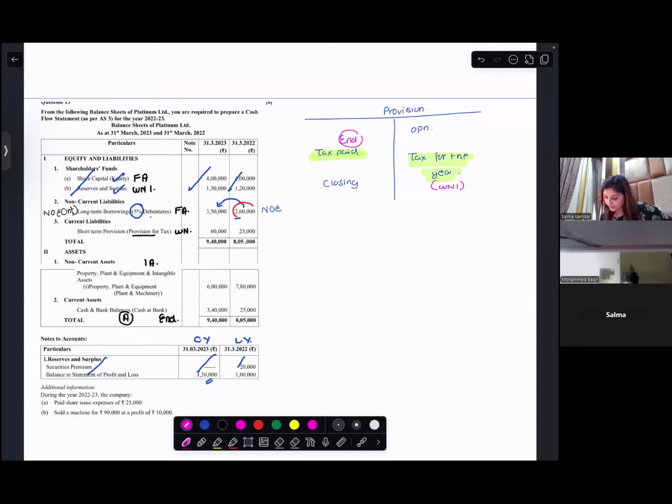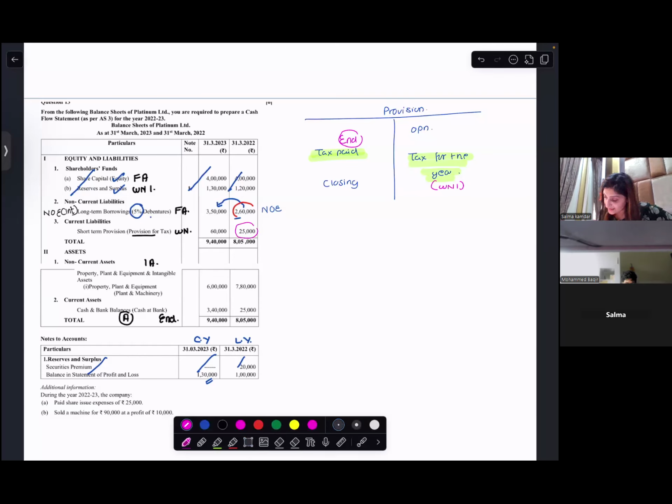I have opening tax 25,000 and closing tax 60,000. Do you have any information about tax paid? No, there's no information about the tax paid given to you.